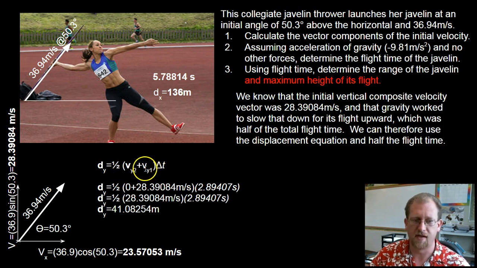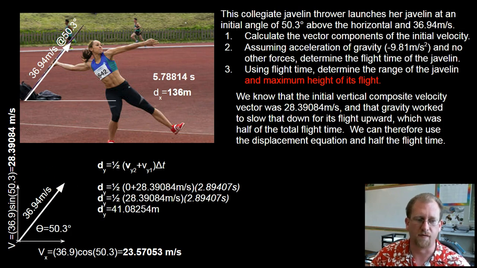The initial velocity is this number. Okay, and the amount of time that it took to make that happen. So here's my final velocity, my initial velocity, half the flight time that it took to go up, right? And so I just do the math, I multiply, and I get 41.0825 meters. So 41 meters high, 136 meters out.